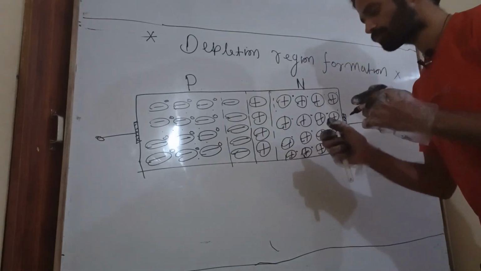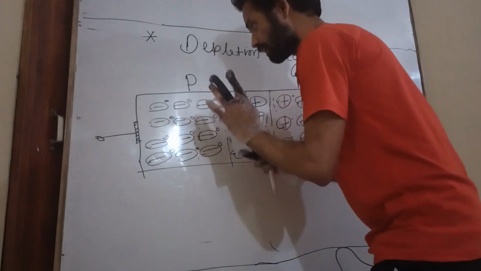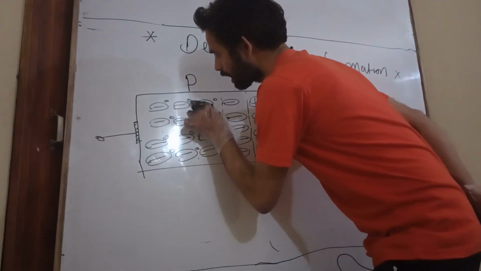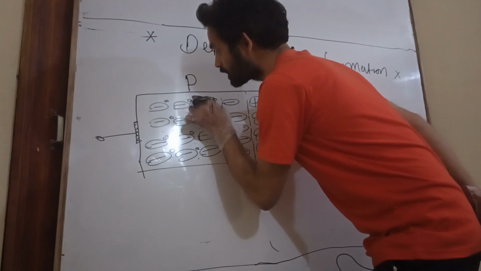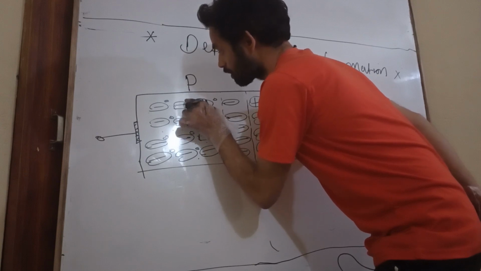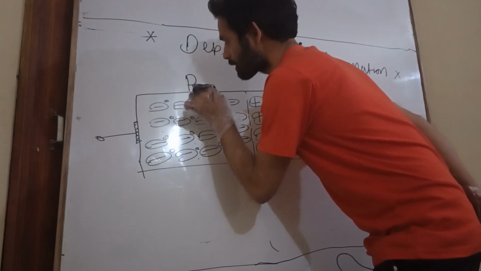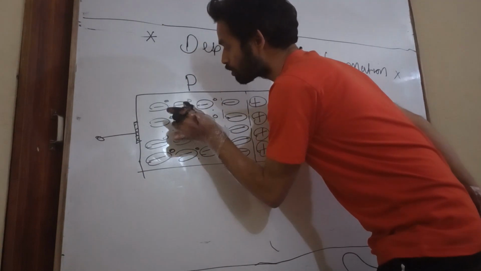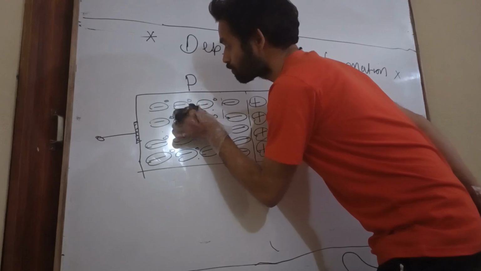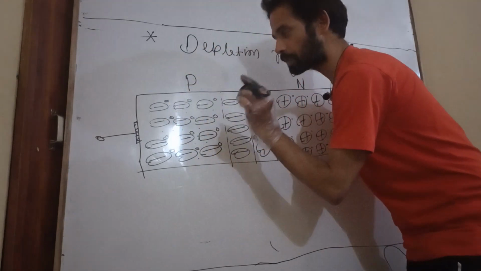What is the meaning of this? Understand again and again. A hole is nothing but a positively charged empty state, which is neutralized by an equal amount of negative charge associated with the acceptor atom.